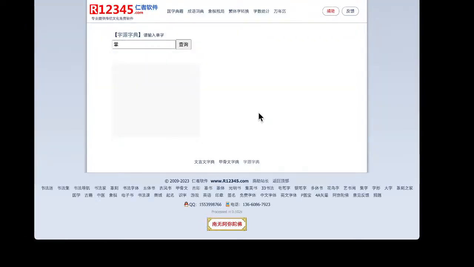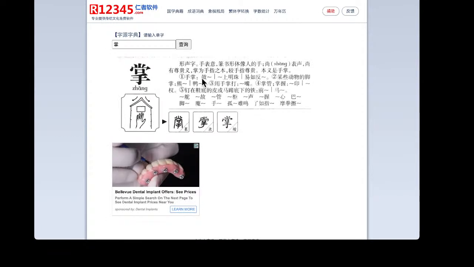So this is the character 掌. Let's take a look at its etymology. There are hands on the bottom, and on the top is the word 尚, which of course represents the sound. Now 尚 has a meaning of honorable.